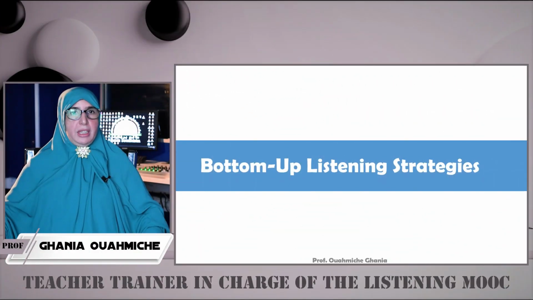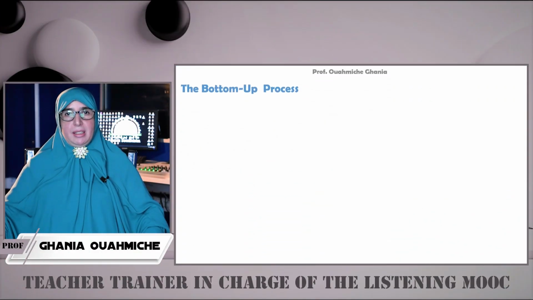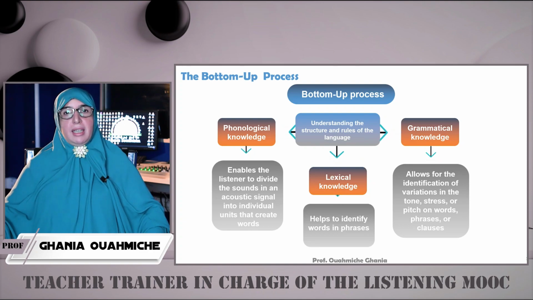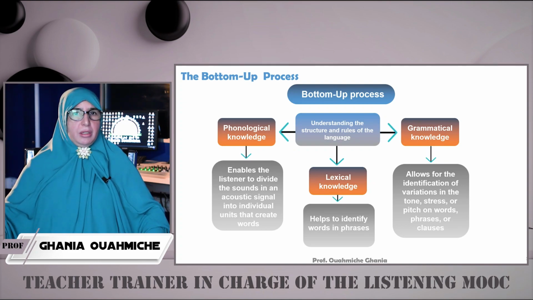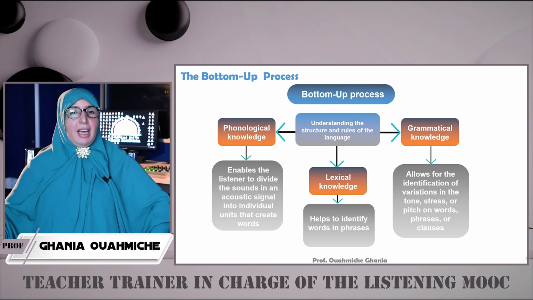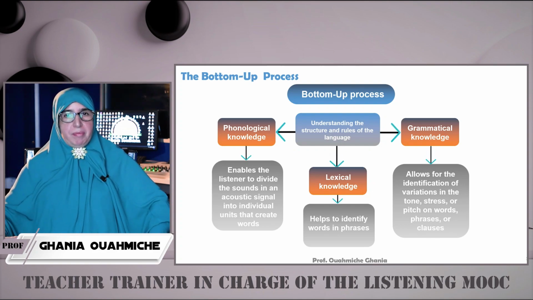Let's move now to the bottom-up processes. The bottom-up process is divided into 3 main parts, namely phonological knowledge, lexical knowledge, and grammatical knowledge. Phonological knowledge enables the listener to divide the sounds in an acoustic signal into individual units that create words.